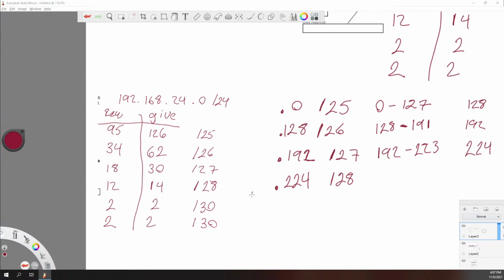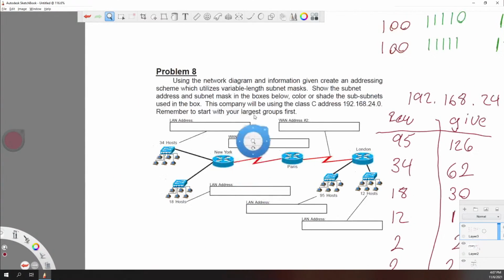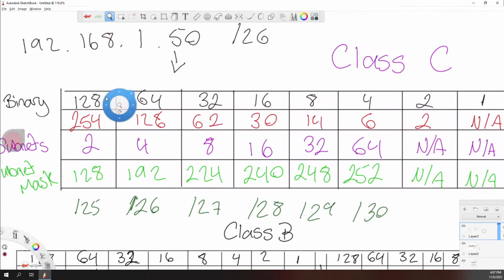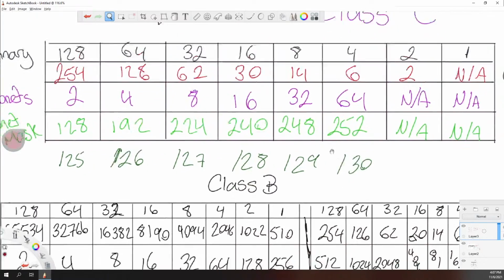Right? And if you forget that, we just simply go back up. We can check out our chart we made earlier. So incrementing originally by 128 when it's a slash 25, incrementing by 64 when it's a slash 26, slash 27 increments by 32, slash 28 increments by 16.